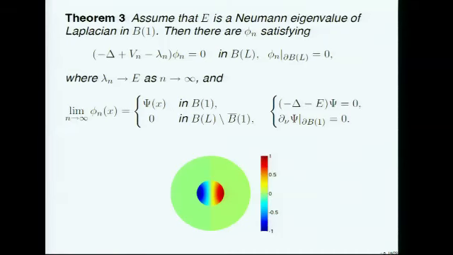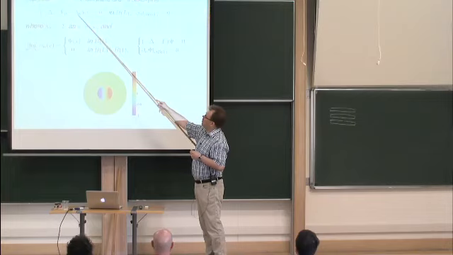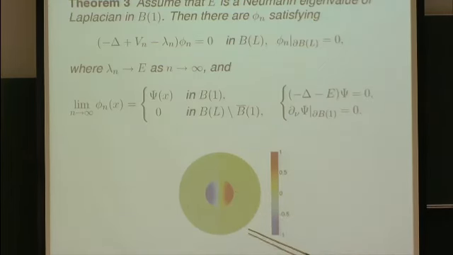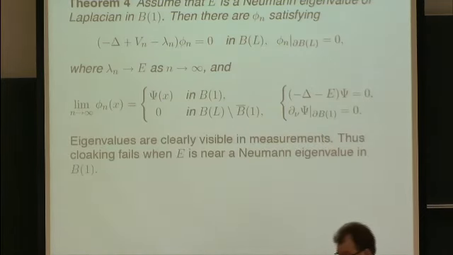But let's first look at cloaking. So now we know that when n is large, there are solutions that look almost like this. They are large inside, and here, when n is large but not infinity, the solution is non-zero. So what does this mean for the inverse problem or imaging?